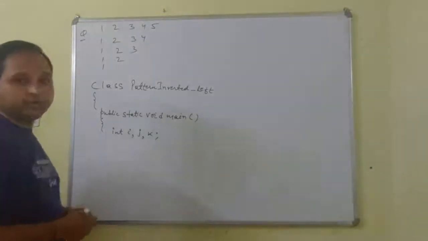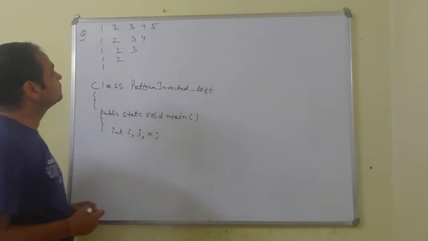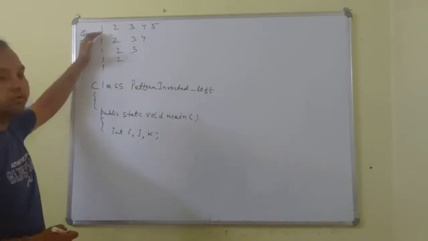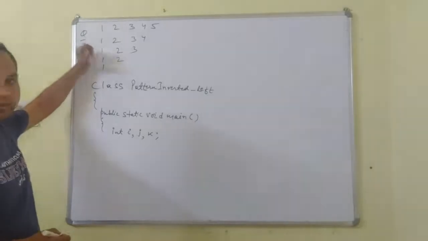So we are having here 5 rows. In the first row we are having 1 to 5, then we are having 1 to 4, then 1 to 3, then 1 to 2, then 1.